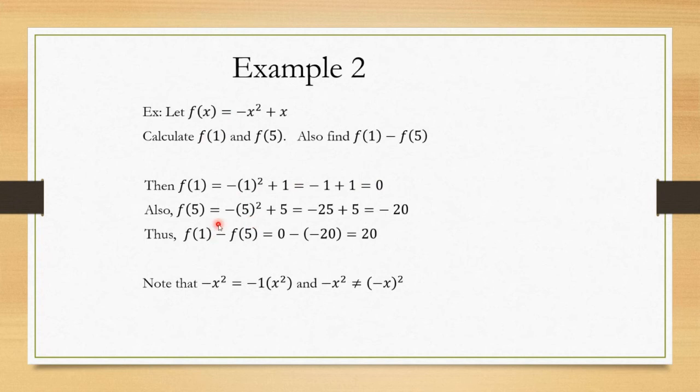F of 5 is minus 5 squared plus 5. This becomes minus 25 plus 5, which is minus 20. So the difference here is 0 minus minus 20, which is 20.